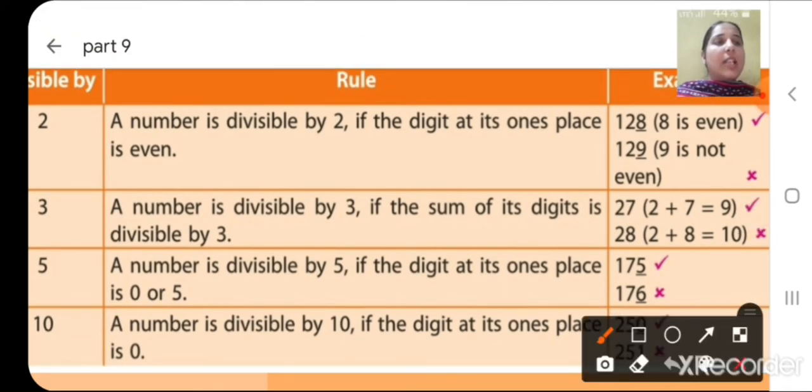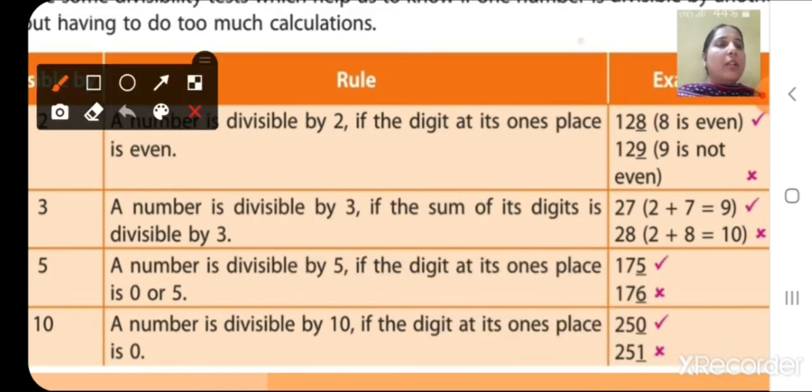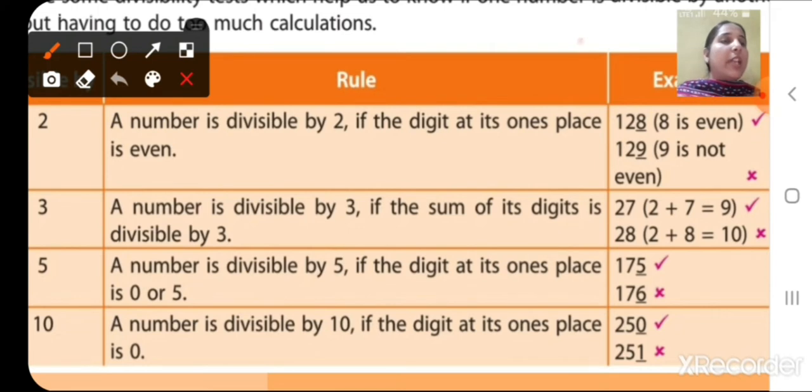Here you just see the example, 250. So 250, the digit at the ones place is 0. So it will be divisible by 10. But if you see number 251, the digit at the ones place is 1. So it will not be divisible by 10.